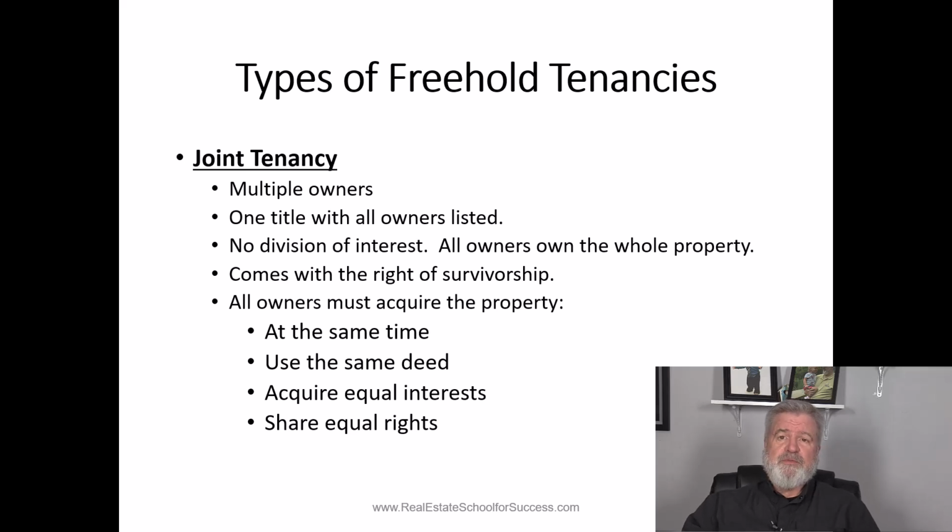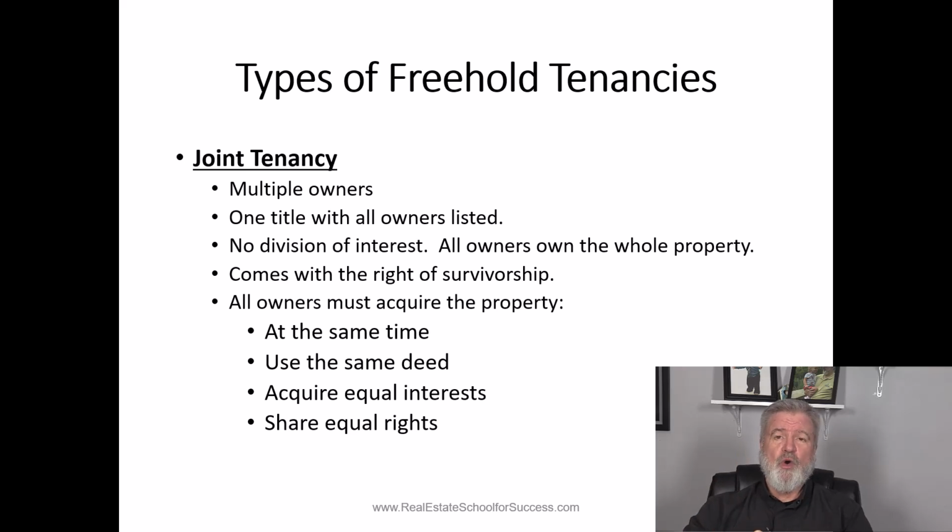The next option you have is joint tenancy. Again, this involves multiple owners, two or more owners. But with joint tenancy, there is no division. You cannot divide up the interest unequally. In fact, the way the law reads here, in this example, me and my two partners, all three of us in essence become one.